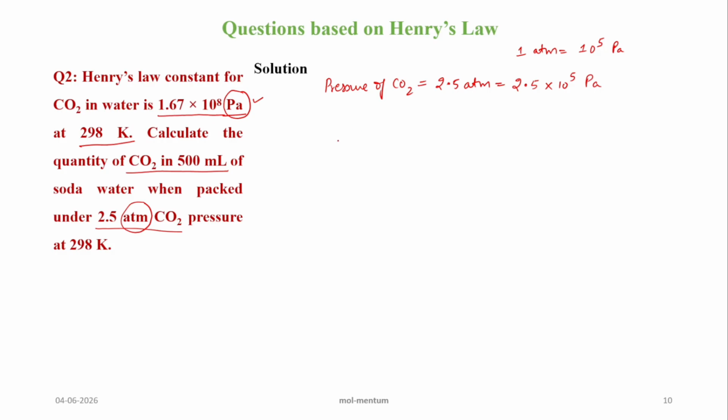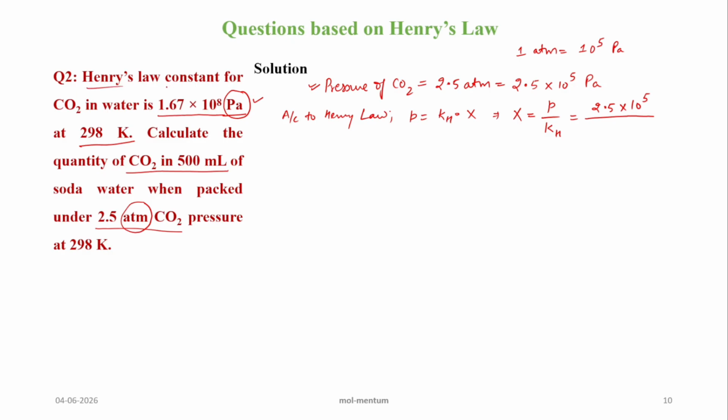Now according to Henry law, P is equal to Kh into chi, the mole fraction. So if I have to calculate mole fraction, I can write P divided by Kh. What is the pressure? We just calculated P, it is 2.5 into 10 to the power 5. What is the value of Kh?